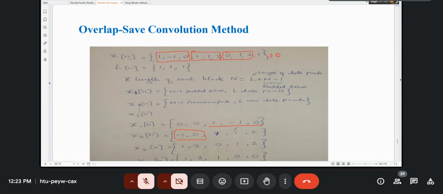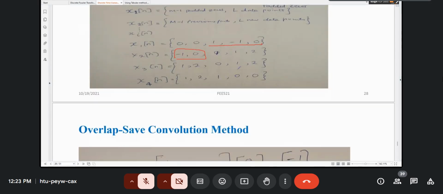Then we take 1 2 here, and then add 0 1 2. The next one, we take 1 2 here, and then add 1 0 0. This is the padded sequence. So we have got x1 of n to x4 of n.